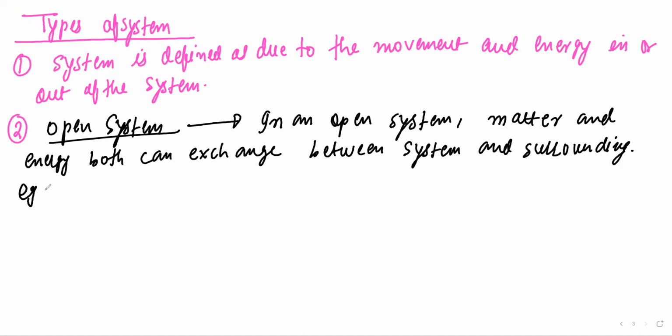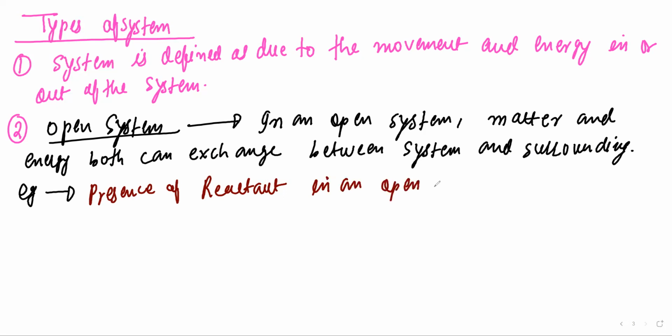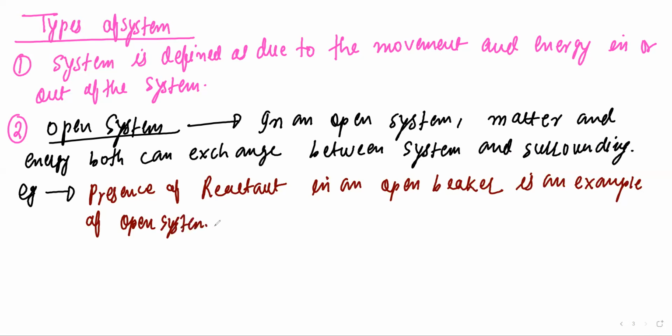So the presence of reactant in an open beaker is an example of an open system. You can draw the diagram also.